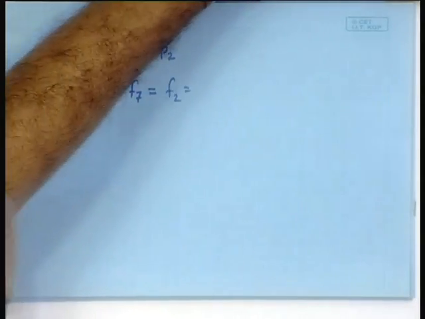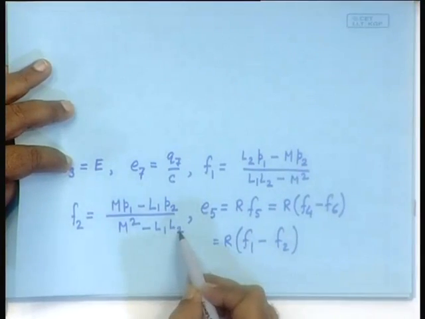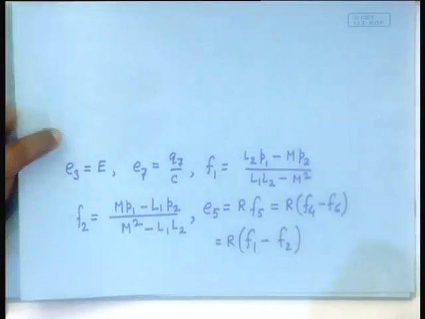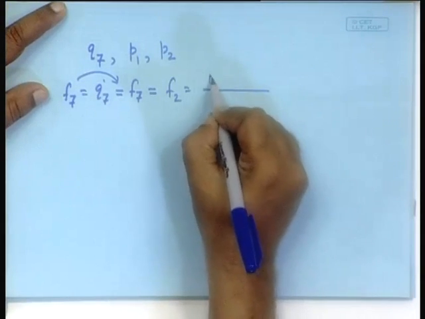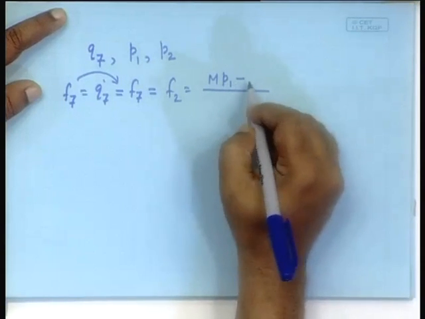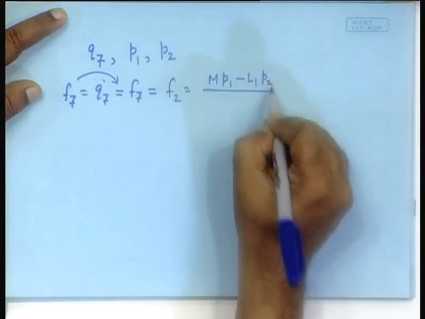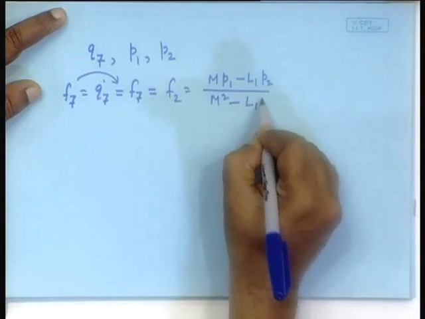So, this is M P1 minus L1 P2 divided by M square minus L1 L2.